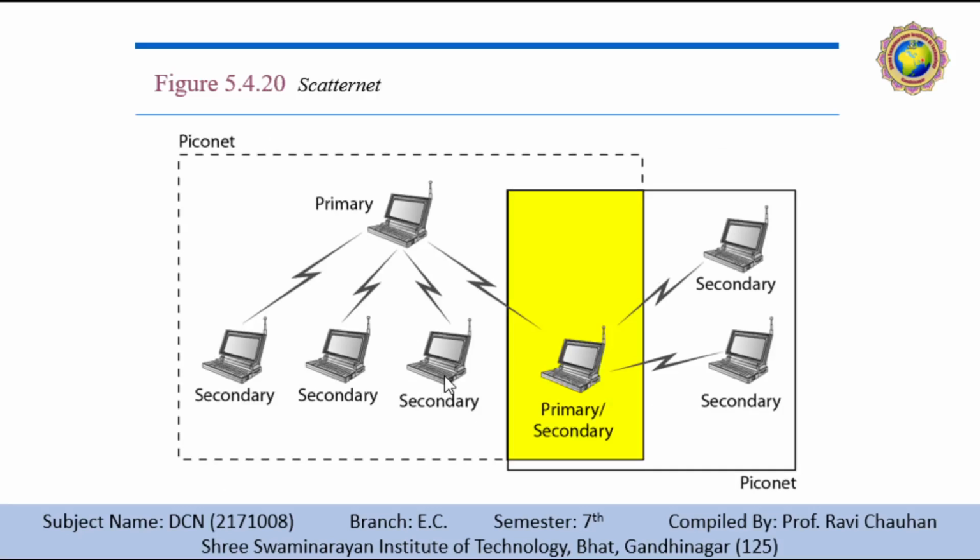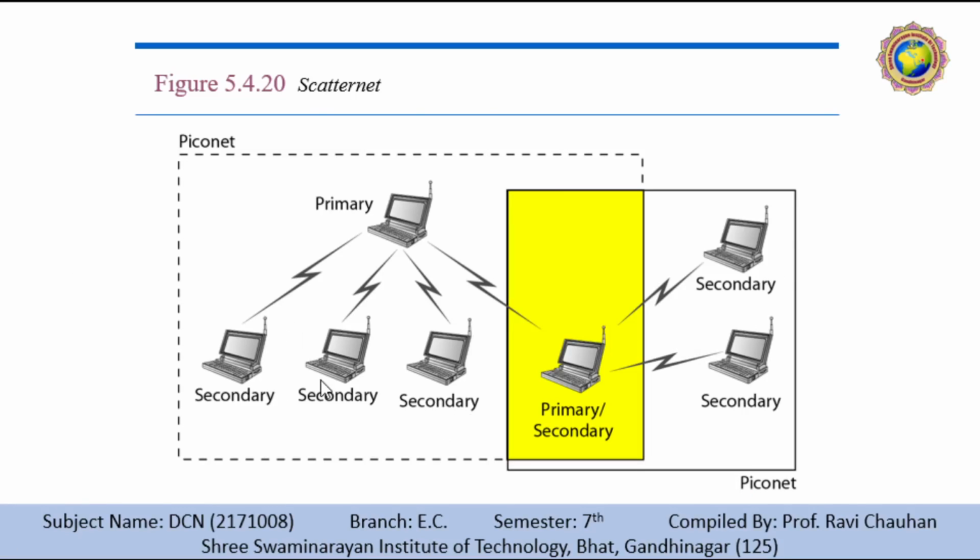Second is the scatternet. Piconets can be combined to form what is called a scatternet. This means more than one piconet forms the scatternet. A secondary station in one piconet can be the primary in another piconet. As you can see in this figure, a secondary station from piconet 1 is the primary station for piconet 2, which forms the scatternet.